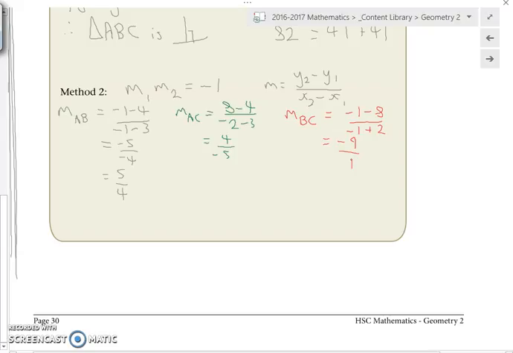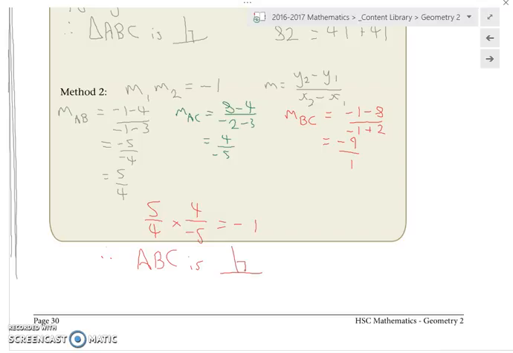But after those first two, AB and AC, you should have been able to stop and look at it and go, well, hang on. 5 over 4 times 4 over minus 5 equals minus 1. Therefore, ABC is right angled. Cool. That make a bit of sense? Once we had those two, we were pretty confident. All right. So I'm going to stop this one.